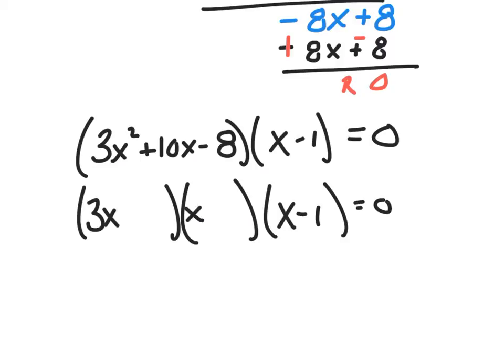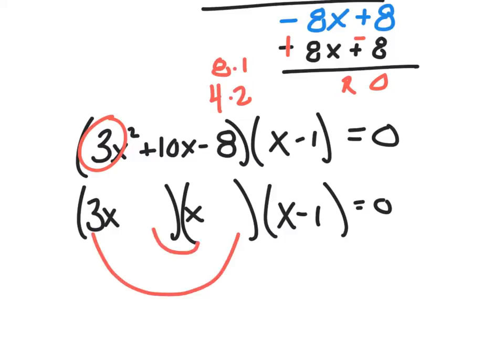So I know it's got to be 3x and x. Those are my only options that multiply to 3. So here I can use 4 and 2, or I can use 8 and 1. And remember, my outsides and my insides have to total a 10x. This negative is telling me that I want my signs to be different. So I'm going to go with a 4 here. That's going to get me a 12, and a 2 here. That can get me a positive 10 if this one's a positive and this one's a negative.